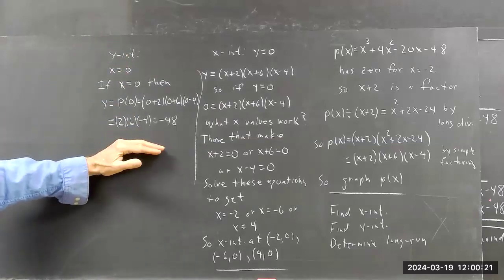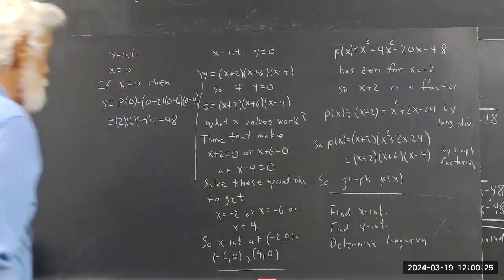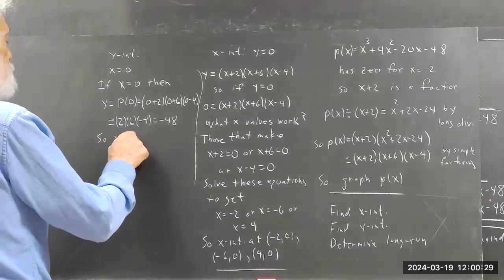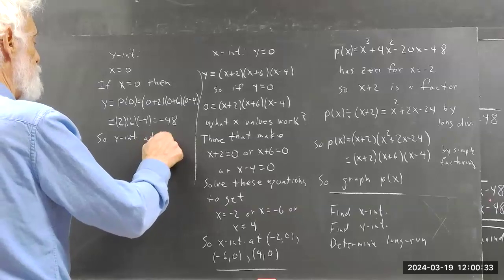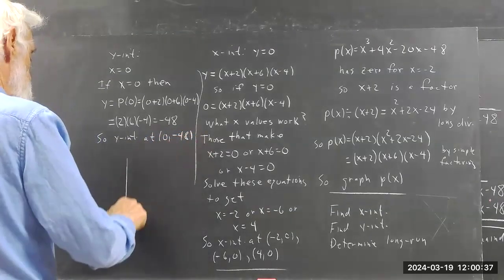That's why you write it out carefully. Okay, so if x equals 0, you get this. So your y-intercept is at 0, -48.